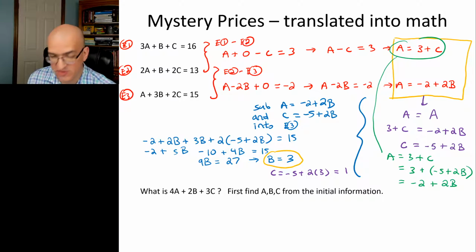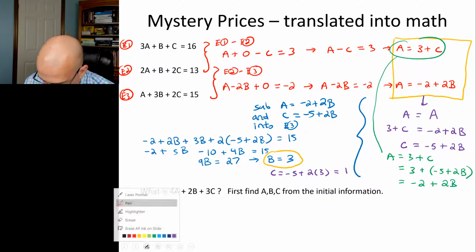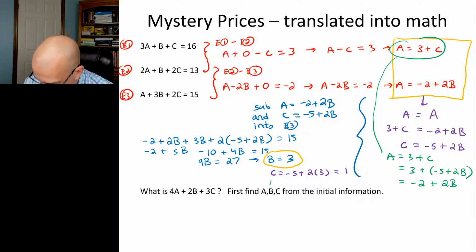The price of a bunch of bananas is 3. And then a, the bag of apples, a is equal to, I'll use green just to be consistent, negative 2 plus 2 times 3. So negative 2 plus 6, which is 4.